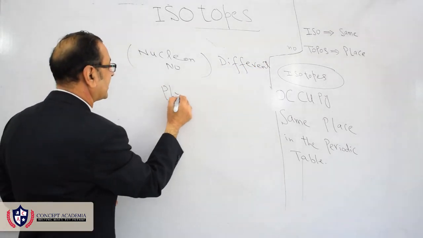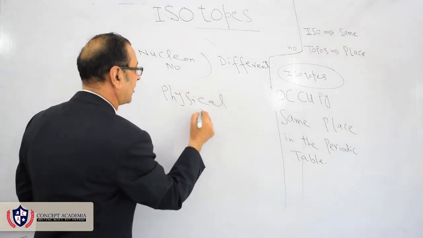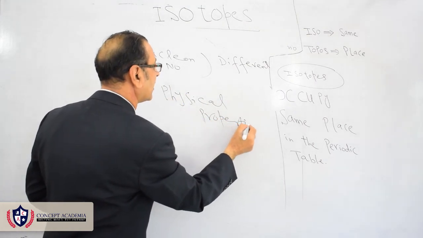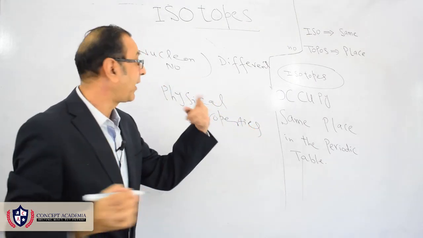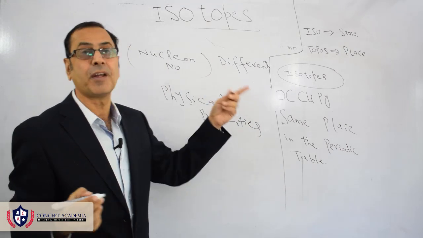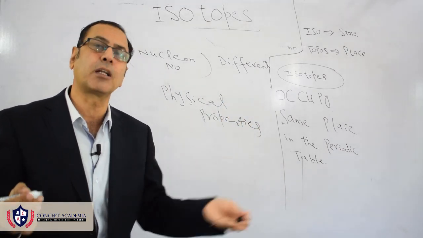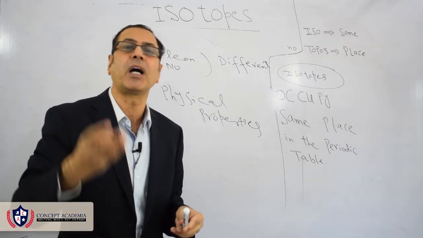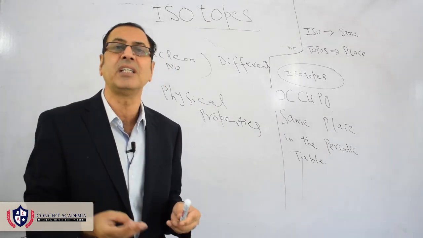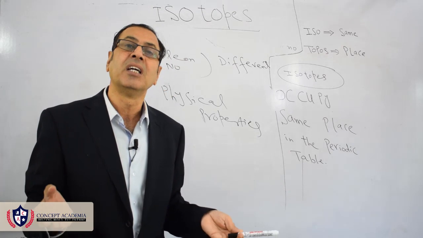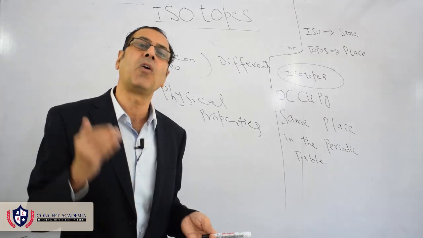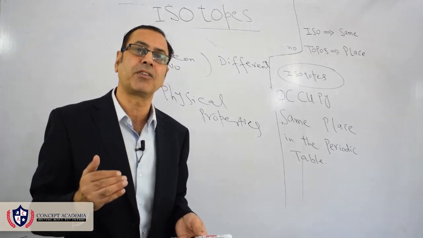Physical properties depend upon nucleon number. When the nucleon number changes, physical properties will change. Physical properties like melting point, boiling point, density, and rate of diffusion depend upon nucleon number. All the physical properties depend upon nucleon number.